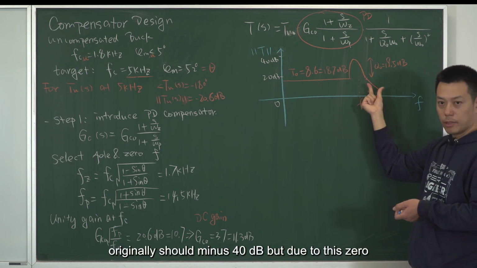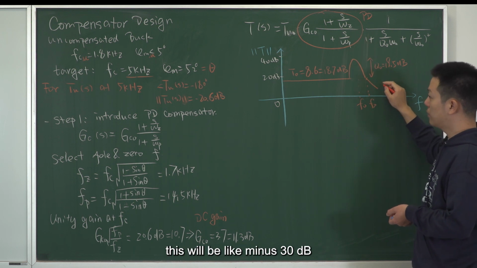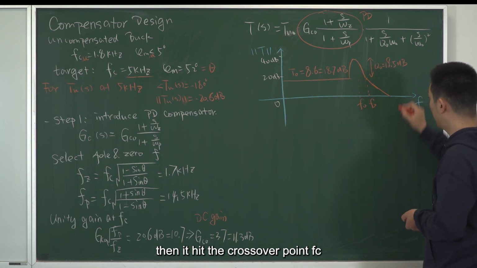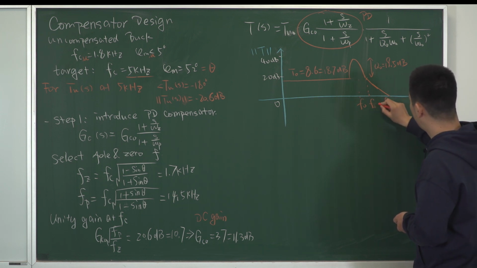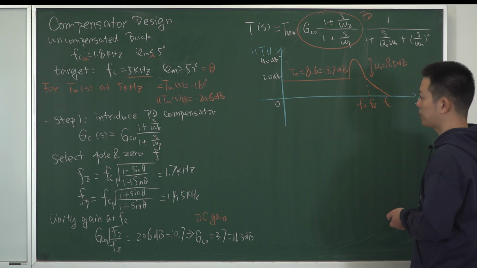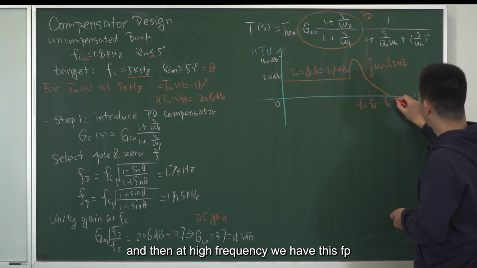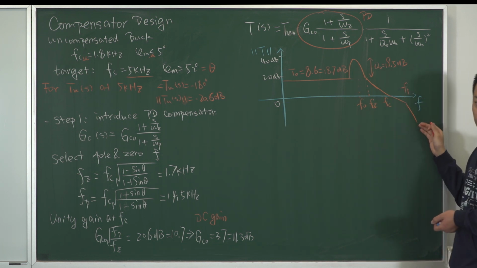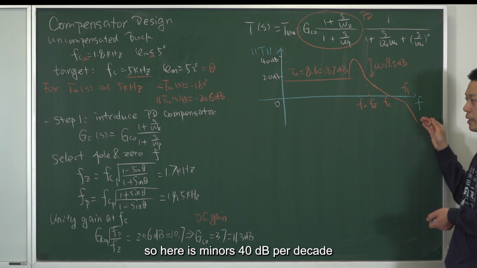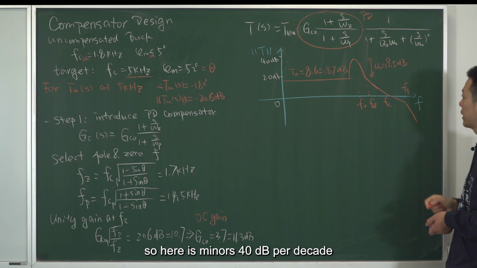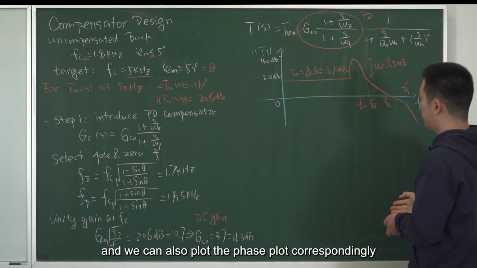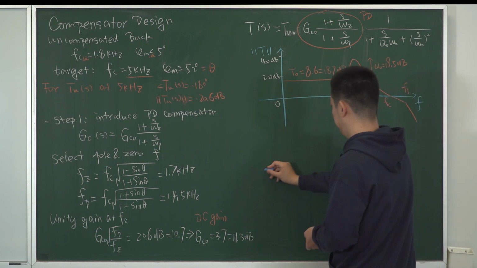Originally it would be minus 40 dB per decade, but due to this zero it becomes minus 20 dB per decade. Then it hits the crossover point FC. At high frequency we have FP, the high frequency pole, which incurs another minus 20 dB per decade, so here it is minus 40 dB per decade. We can also plot the phase plot correspondingly.